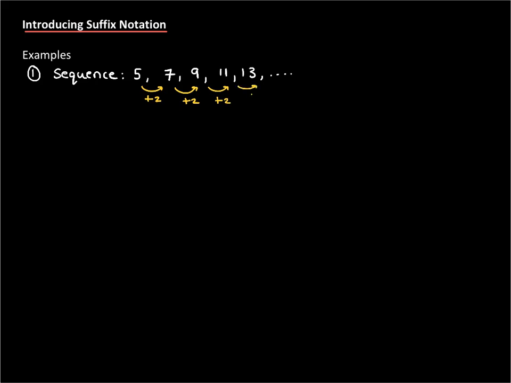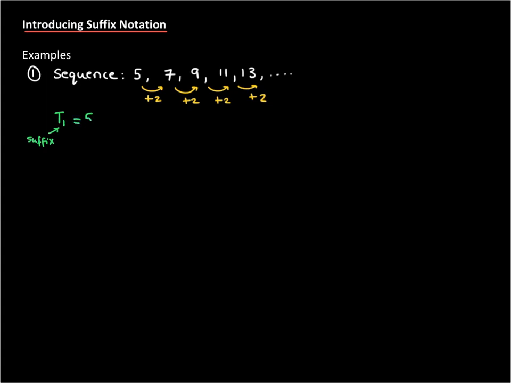Now, we can label the terms very neatly using what we call suffix notation. So term 1, I would label it as T with a little suffix here of 1. So that's the suffix, the small number at the bottom. That's all it is, and it just indicates that we're talking about term 1.